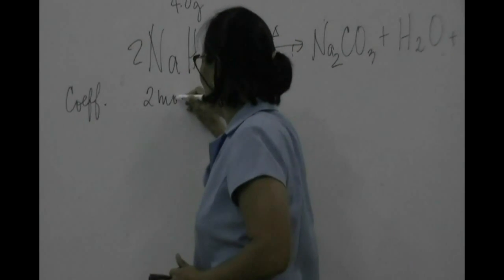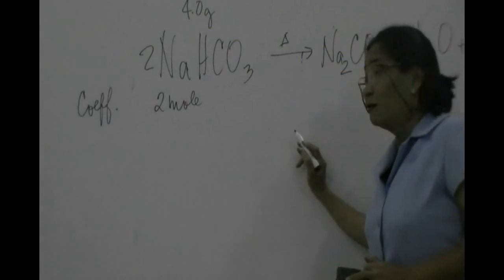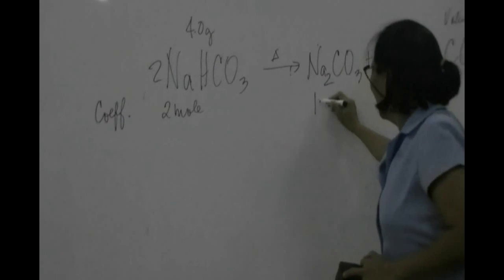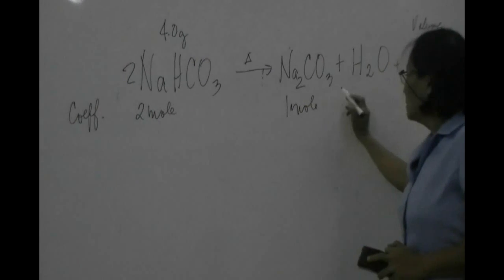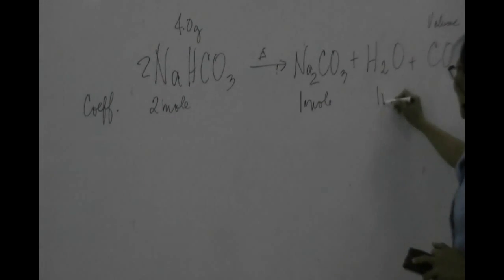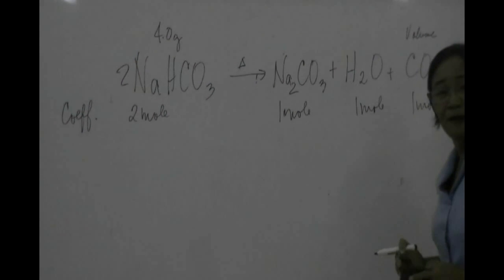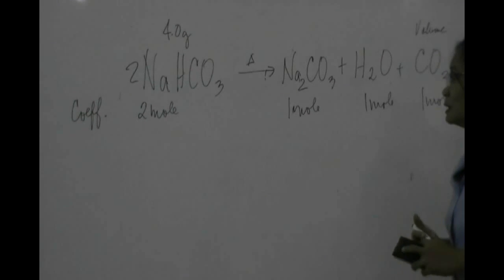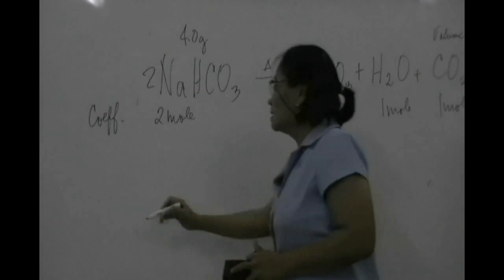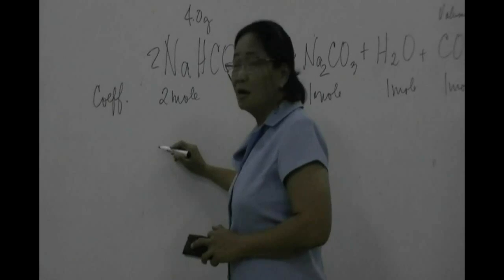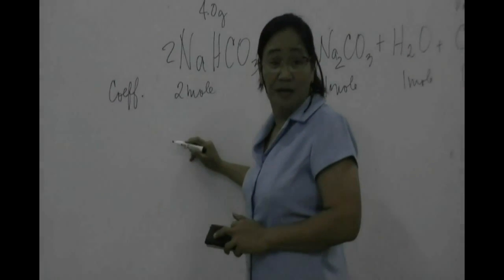So we have 2 moles of sodium bicarbonate, 1 mole of sodium carbonate, 1 mole of water, and 1 mole of carbon dioxide. For the mass-volume relationship, we need to consider the molar weight of sodium bicarbonate.